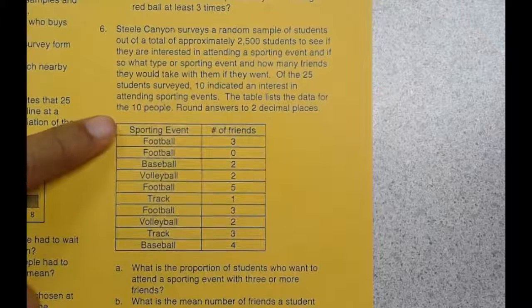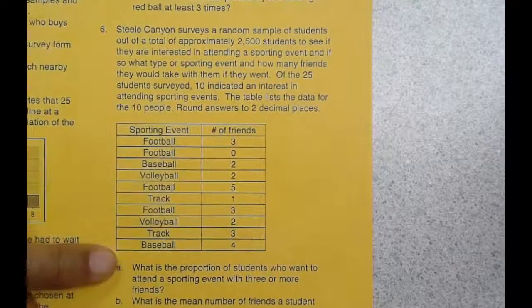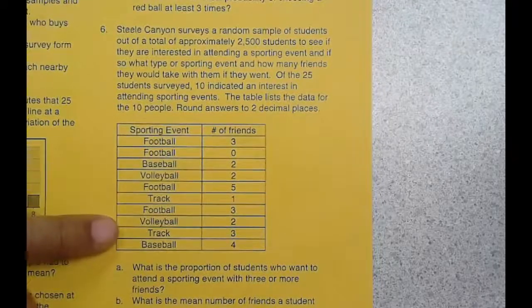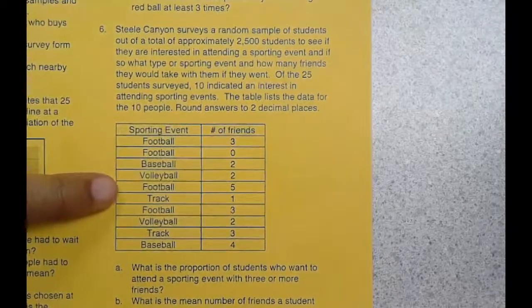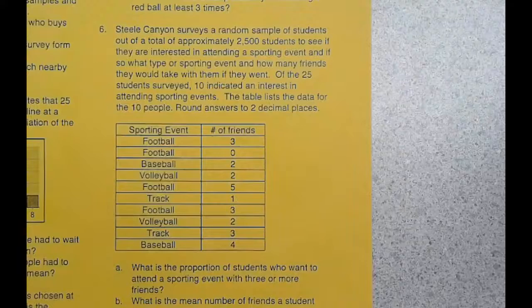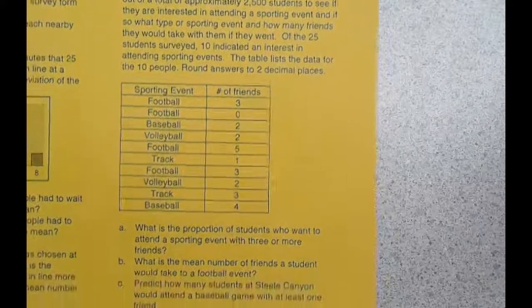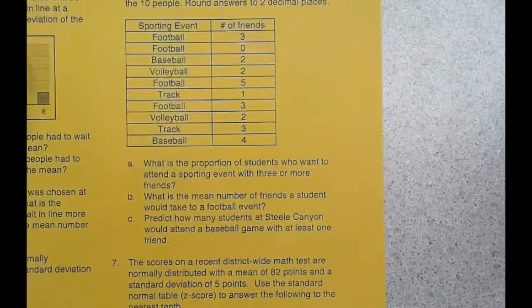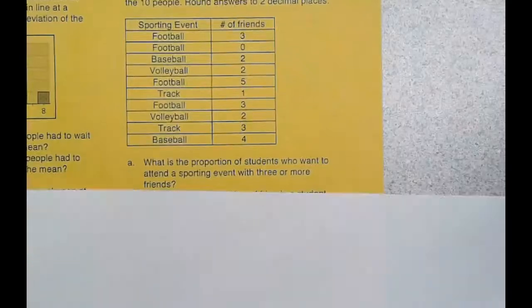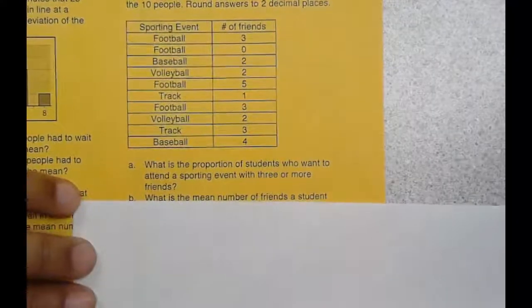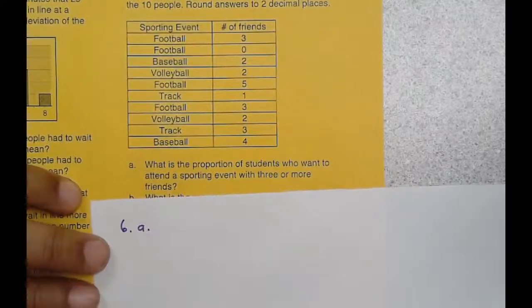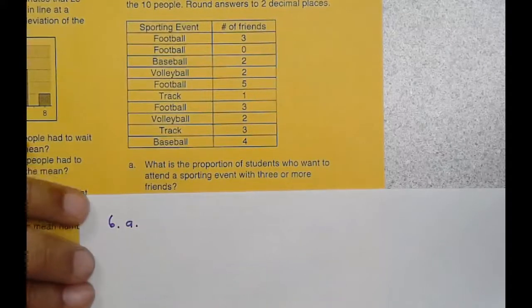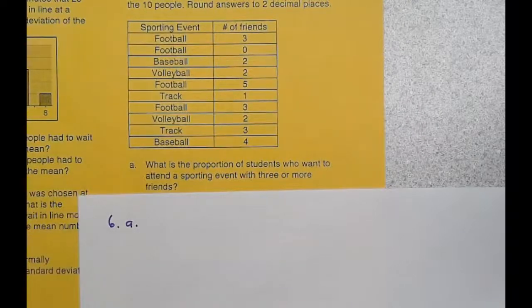So these are the results of the survey for the 10 people that said they did go, keeping in mind that 25 people were surveyed, but there's only 10 people who said that they would attend or are interested in attending a sporting event. All right, let's go ahead and do part A. Part A says, what is the proportion of students who want to attend a sporting event with 3 or more friends?